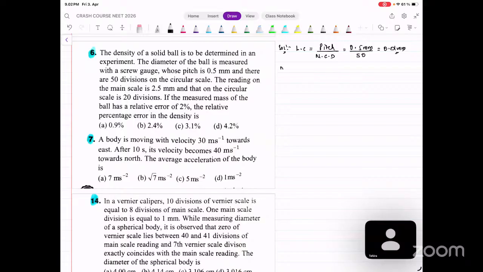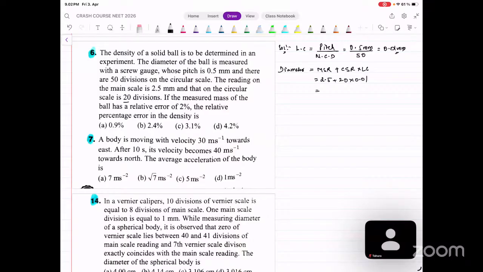Now how do you calculate the diameter? Diameter means reading of the screw gauge. So diameter will be equal to your main scale reading plus your circular scale reading multiplied by least count. The reading on the main scale is 2.5 mm. So it is 2.5 mm plus number of circular divisions, 20, into least count, 0.01.